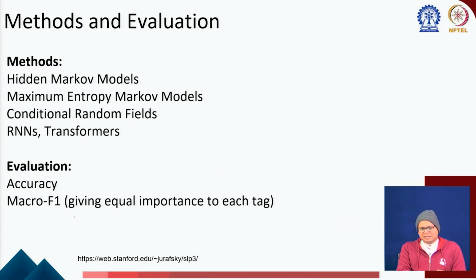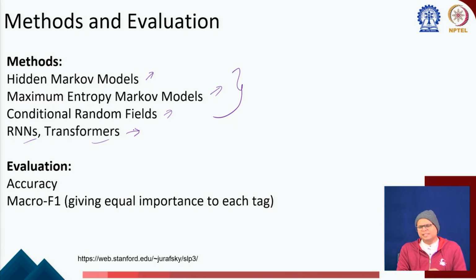Okay. Now, how do you solve these sequence labeling problems? Classical methods were hidden Markov models, maximum entropy Markov models, conditional random fields, and the more recent methods are more on RNNs, LSTMs, and transformers. While these are covered in a typical NLP course, in this course we will talk about how methods like RNNs and transformers will be used for sequence labeling.